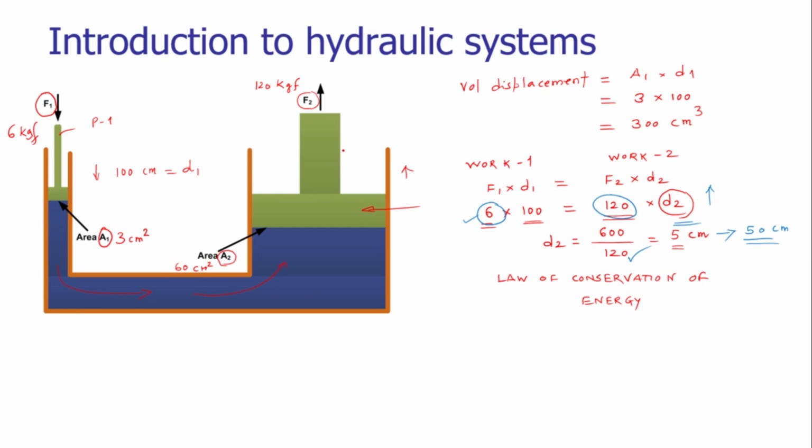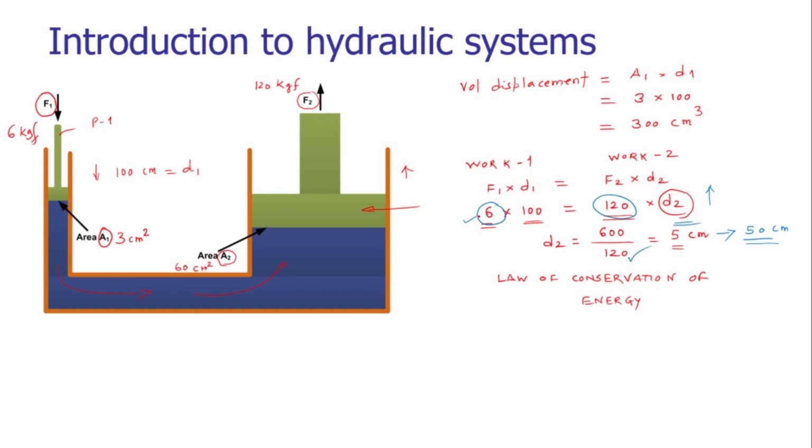That same principle is applied in hydraulics. We are making the system compact, we are making the input compact, but we are applying that small input a number of times, and that increase in the frequency of application of the input will generate the desired results. So we can have a small system which is giving an input of 6 kilograms with a displacement of 100 centimeters, but it is producing a result of 120 kgf.